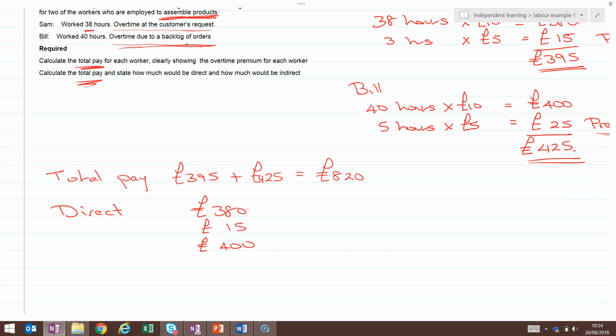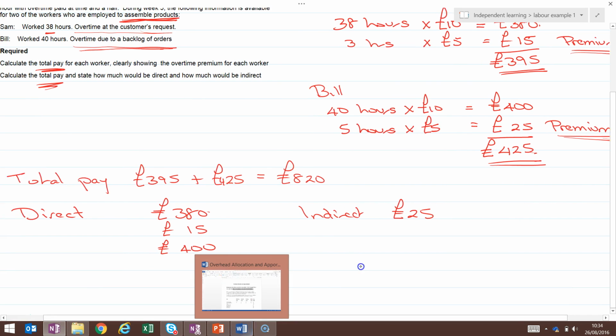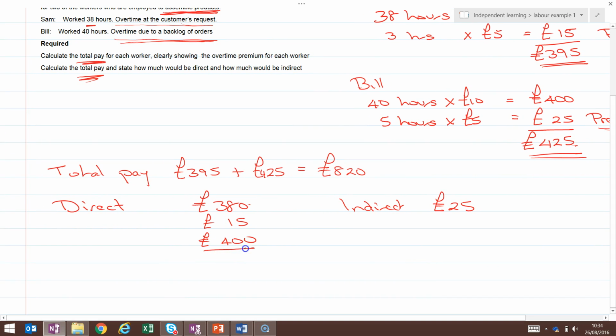Therefore, the overtime premium is indirect. Okay, so if we just total up the direct figure, £795, and the indirect is £25.